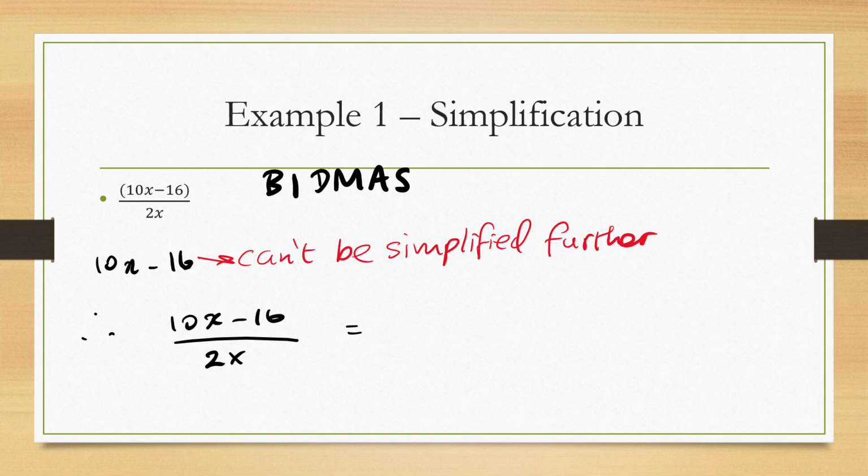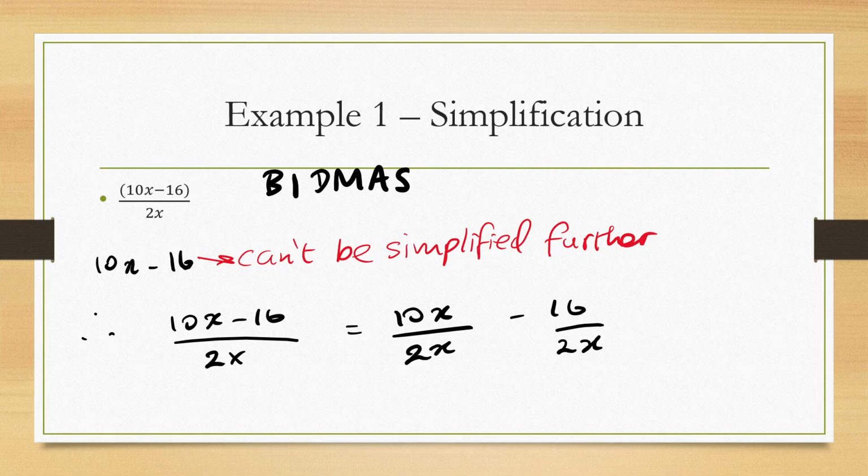I'm still in the process of making it, but I will make it as soon as I can. So you can separate it into two fractions. The first fraction is 10x over 2x, and the second fraction is minus 16 over 2x.